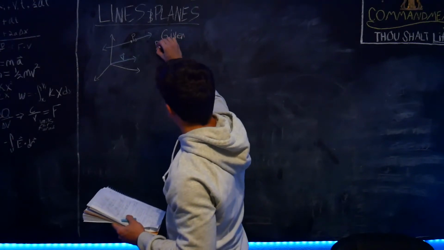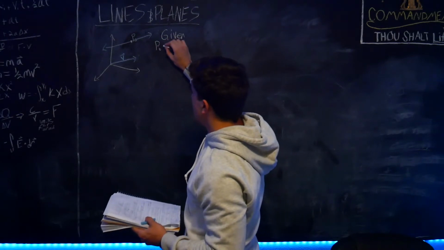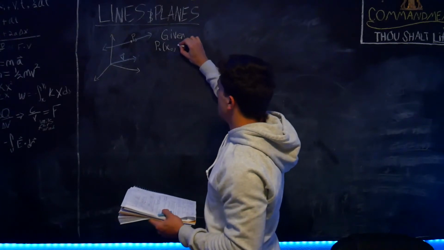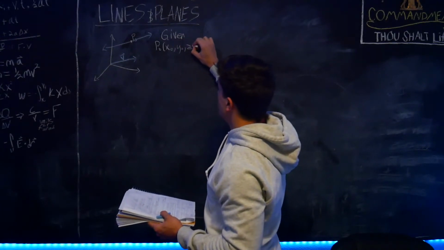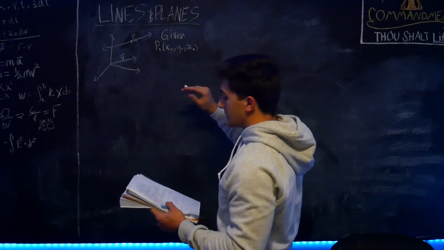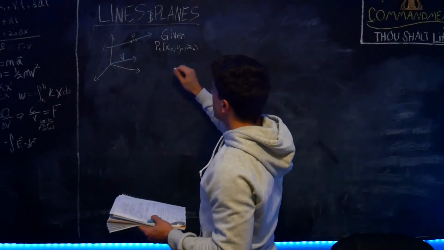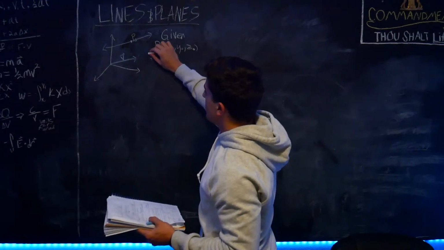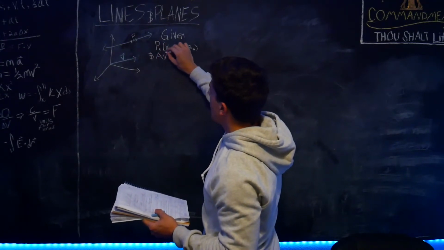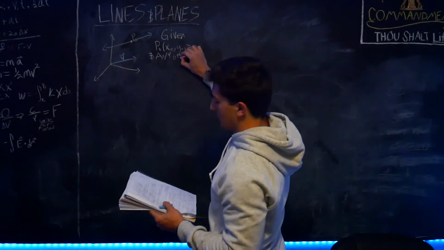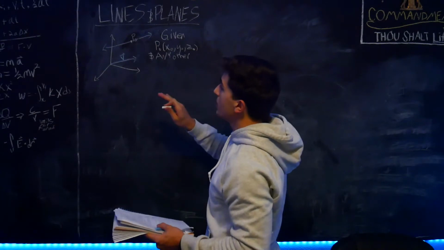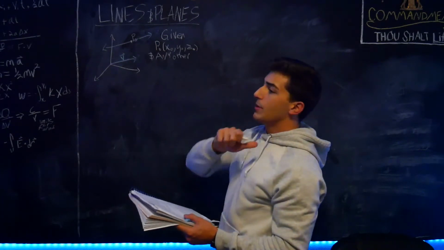So, given point P sub 0, and we're just going to write it as x sub 0, y sub 0, z sub 0. Trust me, write it down how I do, and it'll make sense. So given point and that point, this is an and sign, and any other point on this line, any other point, because it is the same slope.